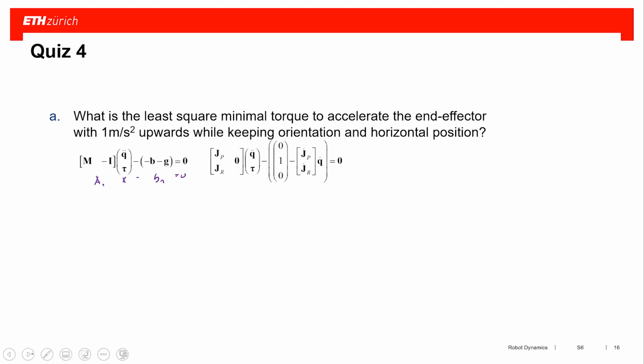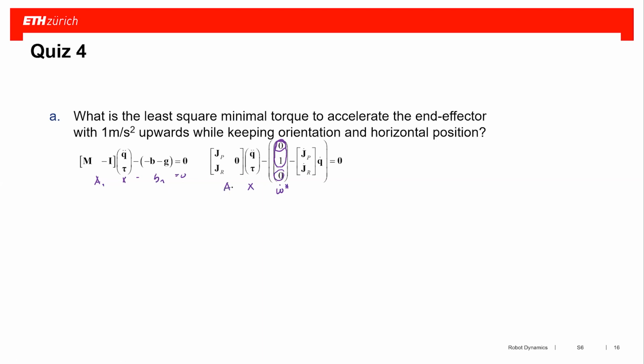So I can write the second task, which essentially does nothing else than it selects the upwards motion, that's this part, while keeping the horizontal position constant, while keeping the rotation constant. So this is again my W dot star. And I write this now as a function of my X here.